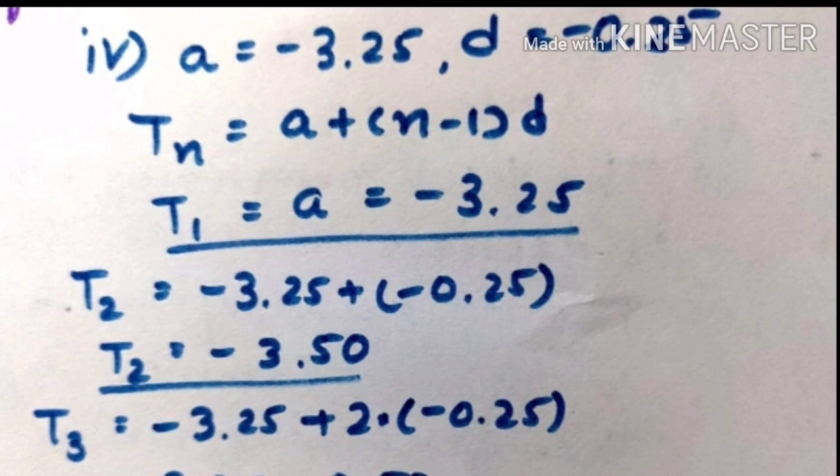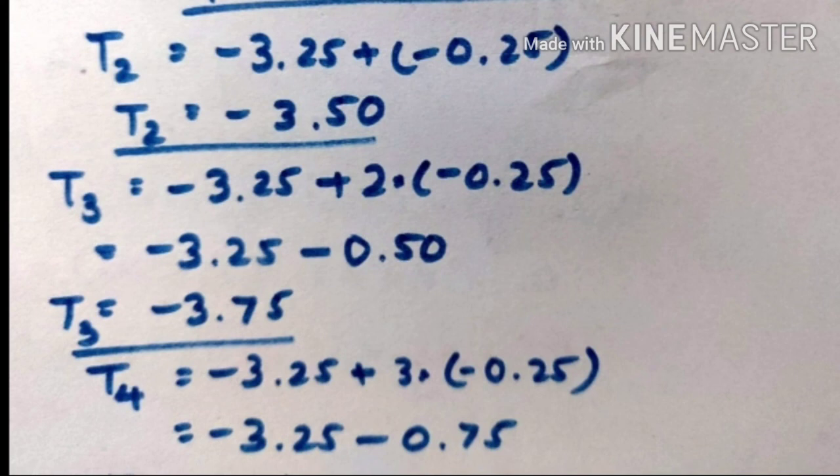By multiplication, 2 times 0.25 is minus 0.50, and by adding these we get our term 3. Term 3 is equal to minus 3.75.